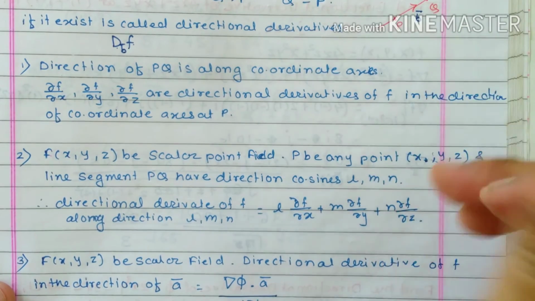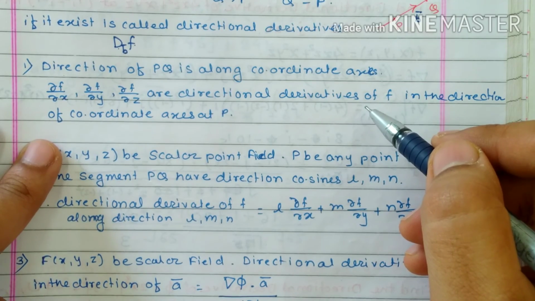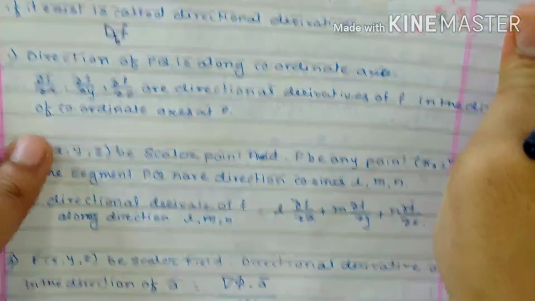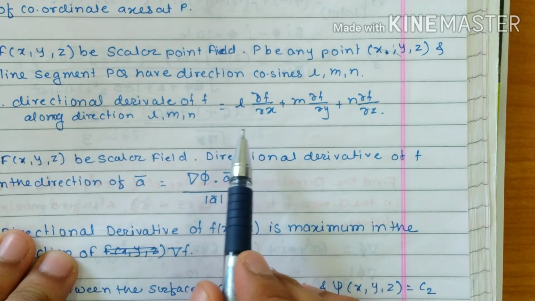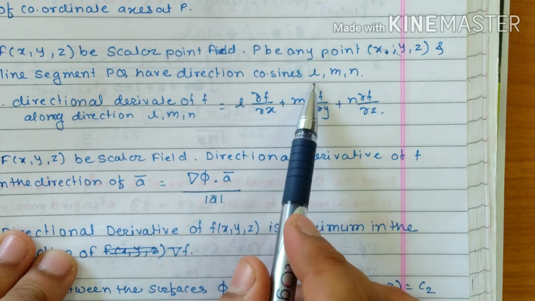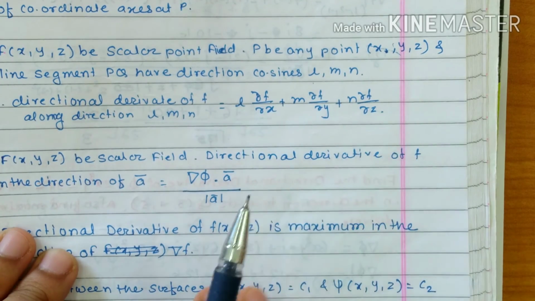This is the formula when they ask you to calculate a directional derivative along the coordinate axis, say the x axis, y axis or z axis. But if you want to calculate directional derivatives along some line segment, and instead of giving the equation of the line segment or the vector in that direction, they provide you the direction cosines l, m, n, this way you can get the directional derivative.